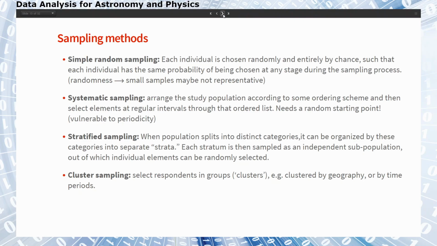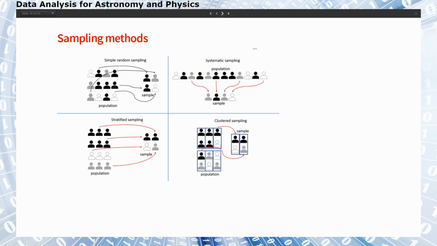And then there is cluster sampling, which selects samples from groups, from subgroups in the population. For example, an astronomical example again would be that we look at all stars from 5 random globular clusters and study those.